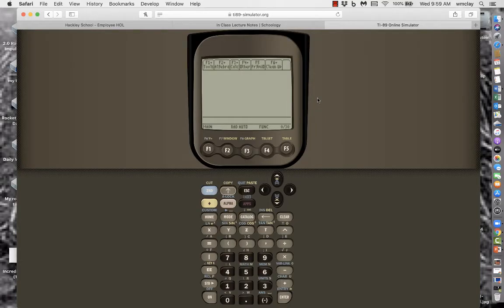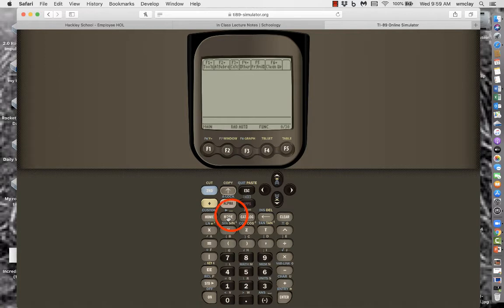And I want to show you what this looks like on a calculator. So I've pulled up here a TI-89 on a computer that simulates it. It's a pretty good graphing calculator. But for all calculators, before you do anything with vectors, there are a couple of important things to do. Make sure you're in something called degrees. If you see this RAD, which stands for radians, that's not where you want to be.